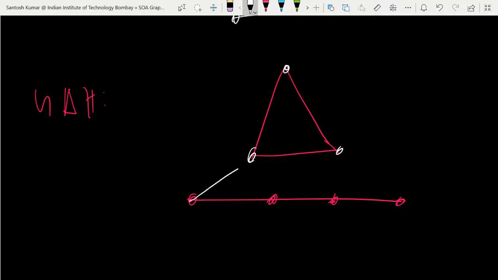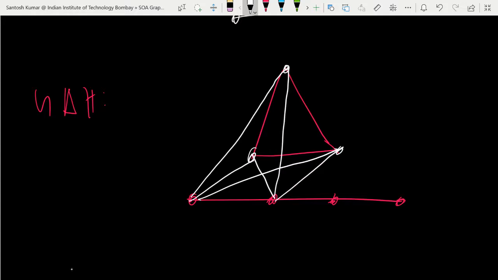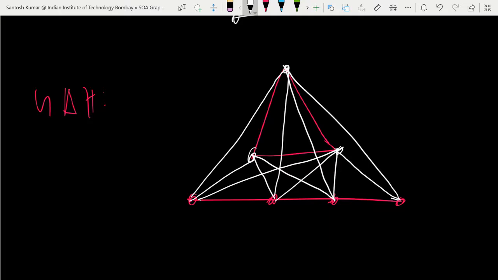Let's start here: this vertex is joined to this one, this one, and this one. Each vertex of one graph is joined to each vertex of the other.